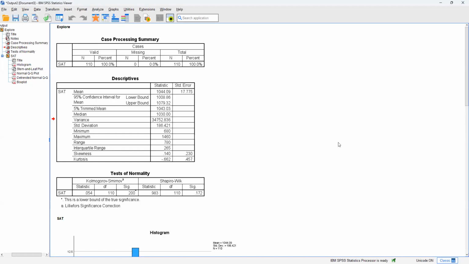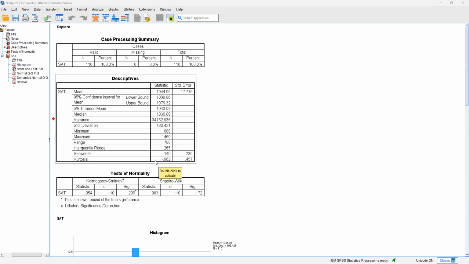Finally, we get two statistics that tell us about the distribution shape. So we get a skewness statistic of 0.14 and a kurtosis statistic of negative 0.66. There are a couple of things to note about the skewness and kurtosis statistics.